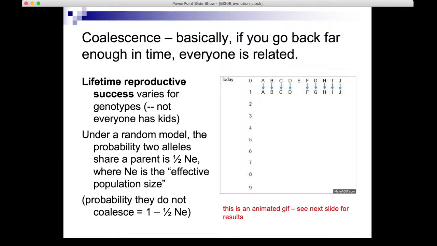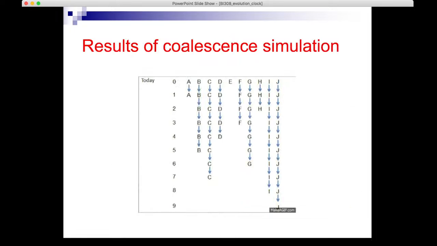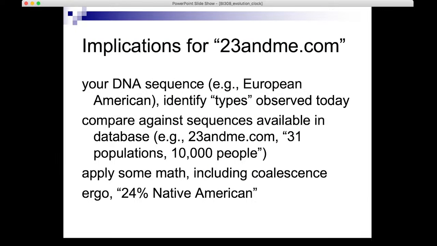So everybody else failed to have kids over time. Okay, and this is the formula for this coalescence. All right, so the result of that was basically only the J group survived.